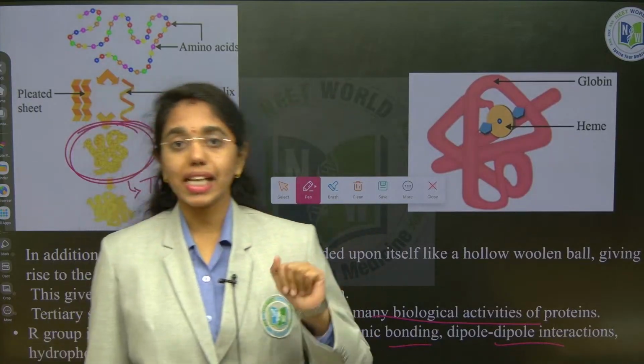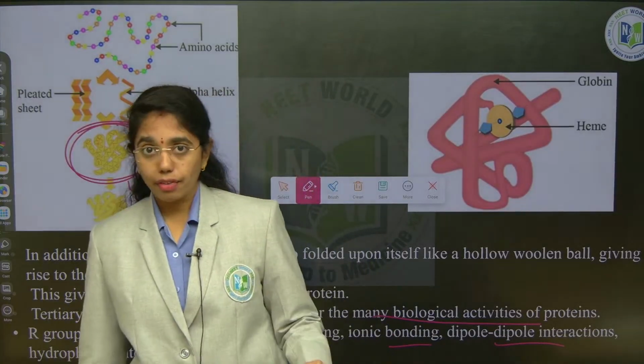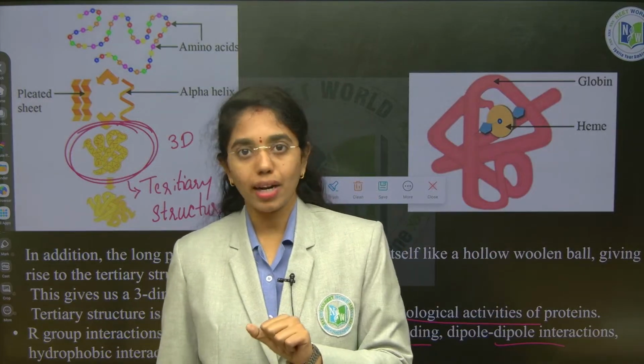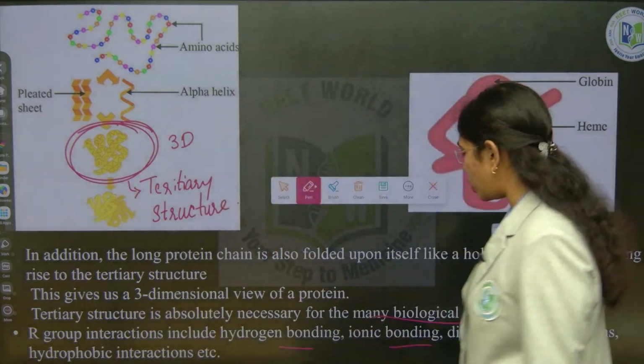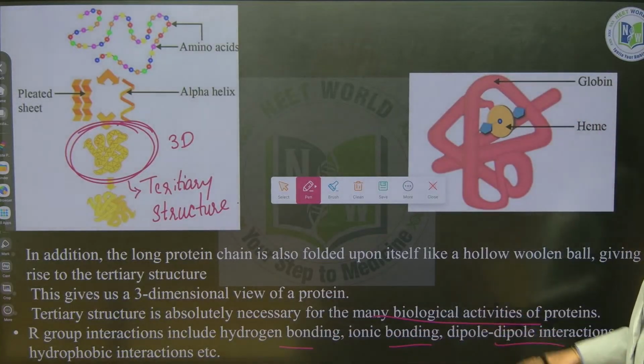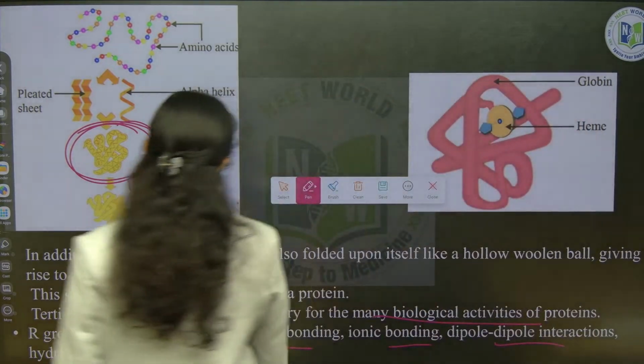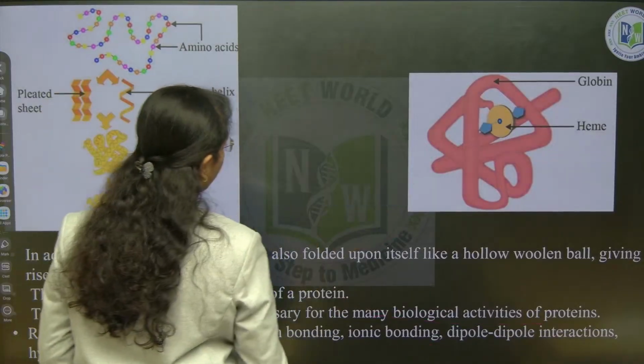If you see the secondary structure, either the alpha helix or beta pleated sheets, only hydrogen bond is present. Whereas in tertiary structure, along with hydrogen bonding, you have ionic bonds, dipole-dipole interactions and hydrophobic interactions as well. Clear till here? Any doubts anywhere?